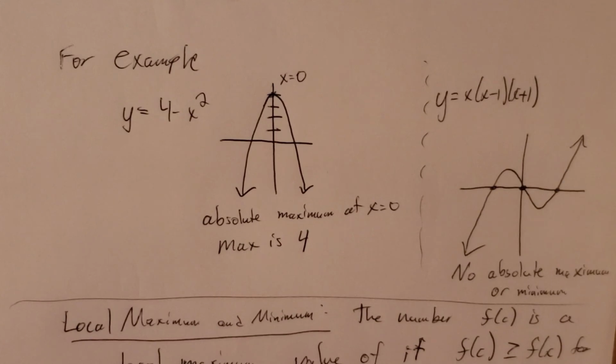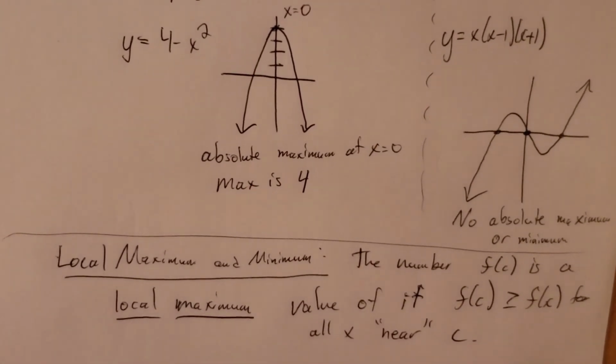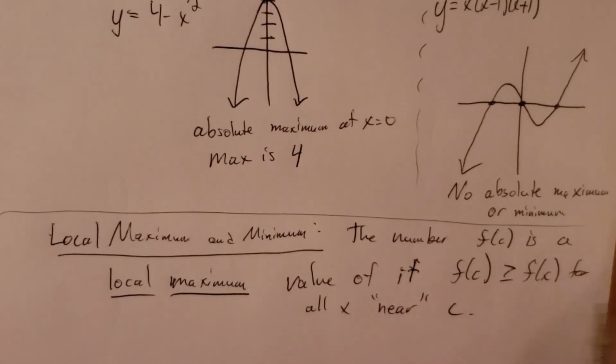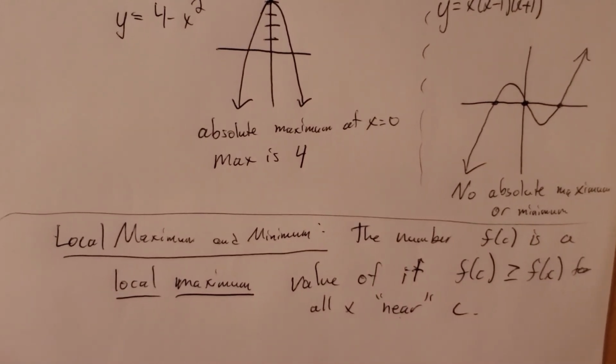So we have a very similar definition here where f of c is equal or greater than all f of x, but it's all x near c instead of every x in the domain.